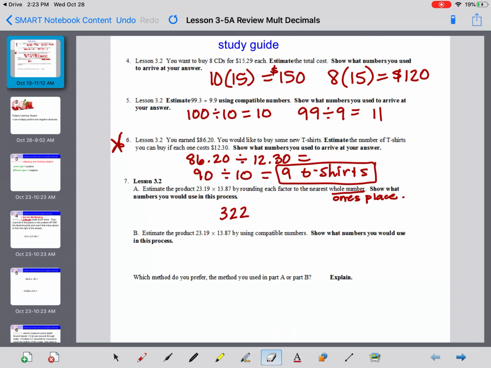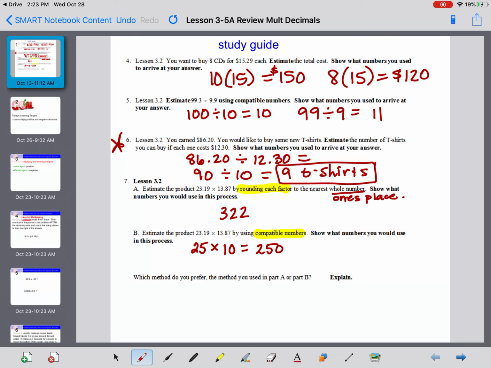Look at letter B. Find the same product using a different strategy. This time, instead of rounding, we are using compatible numbers. Compatible numbers are numbers that are easy to do in our head. So maybe we would take 25 times 10 and get 250. Now, notice my compatible number is further away from the exact answer.